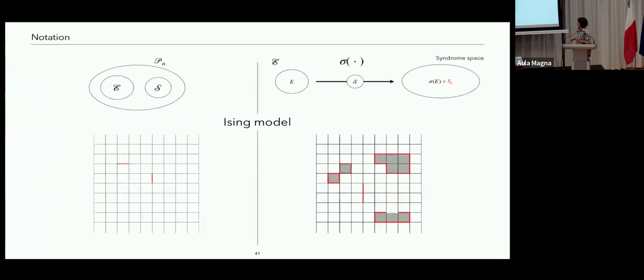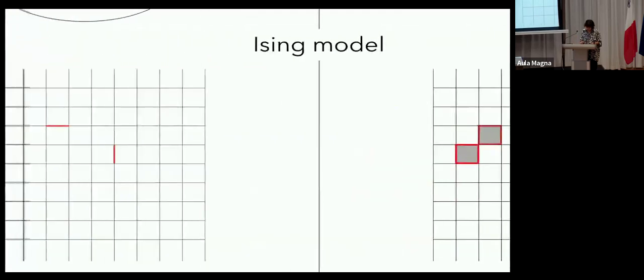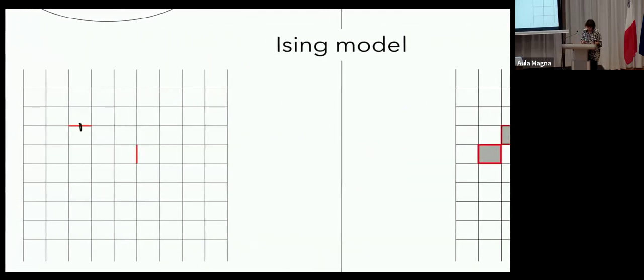And the idea of what we should look for to build single shot codes and decoders can be taken from the Ising model in 2D. Here, this time I am putting bits or qubits on faces, and I'm measuring checks.